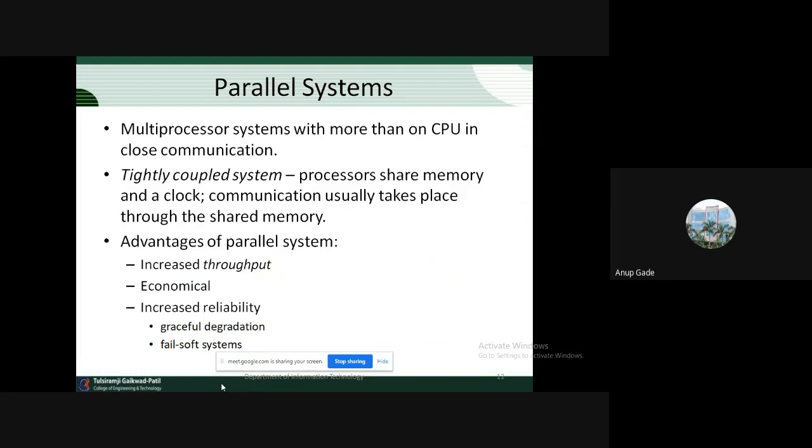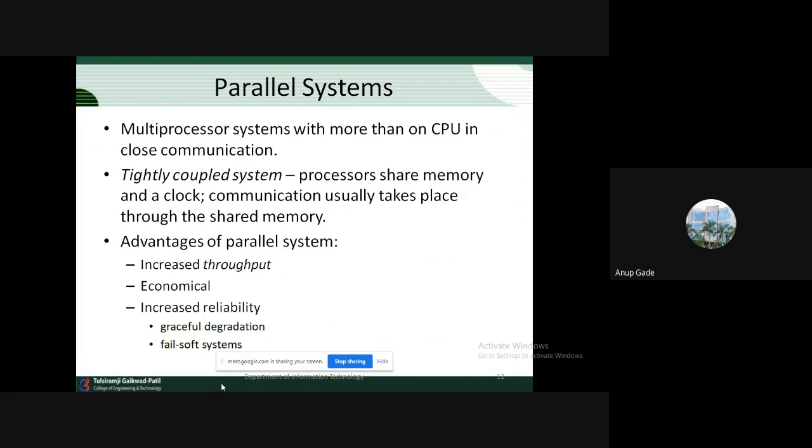Now, let me elaborate the concept of throughput. Throughput means the output per second, or per unit of time, is large. Basically for a parallel system, as we know, a number of systems are doing their tasks parallelly, so obviously the output, the result, will be quite better than the normal system.